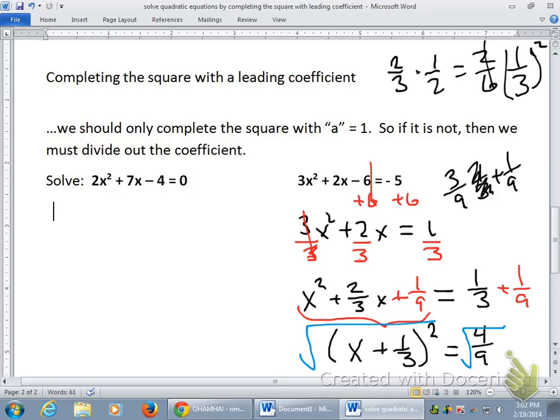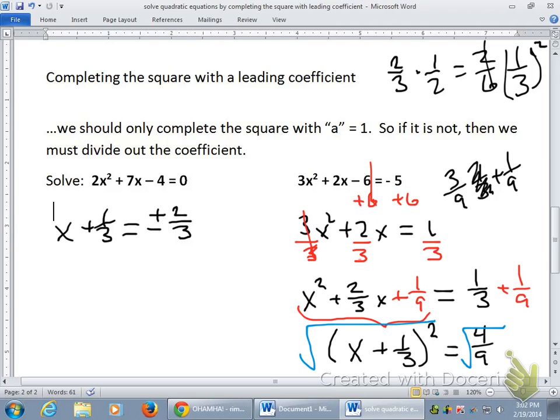That leaves me with x plus 1/3 is equal to, I've got positive and negative because of the square root, and the square root of 4/9 is the same thing as the square root of 4 over the square root of 9. Since they're both perfect, the square root of that's going to be 2/3. Alright, that was nice.